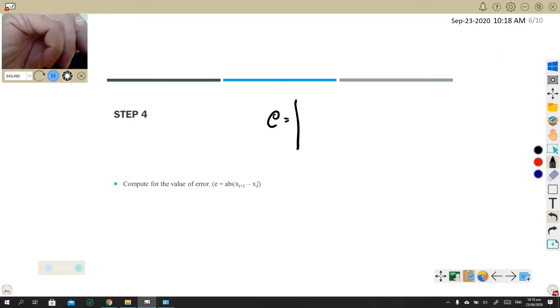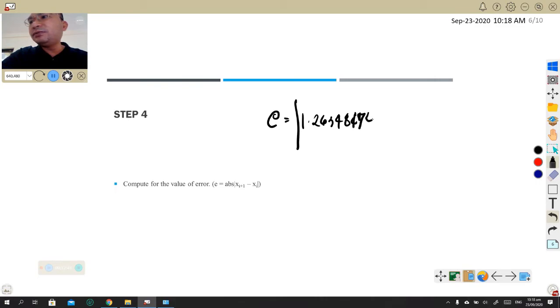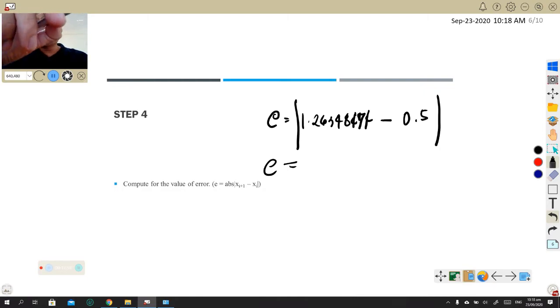So what is the value of our xi plus 1? That is 1.2634847 minus our initial value of xi, which is 0.5. Since our e here is given in absolute value, 1.2634847 minus 0.5 will give us 0.7634847.